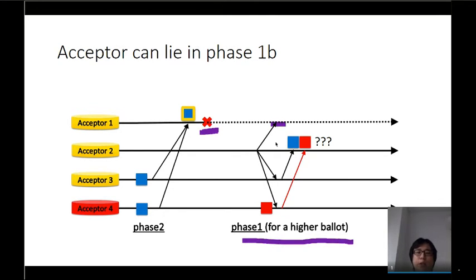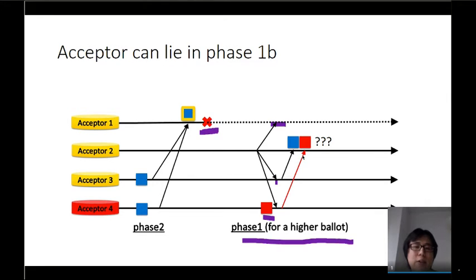Acceptor 1 crashed, so it cannot respond. Acceptor 3 is a real acceptor, and it replies with a phase 1B message saying it voted for the blue value in the previous ballot. Acceptor 4 here is a liar, and it lies in phase 1B, saying it voted for the red value. So it replies phase 1B to acceptor 2.